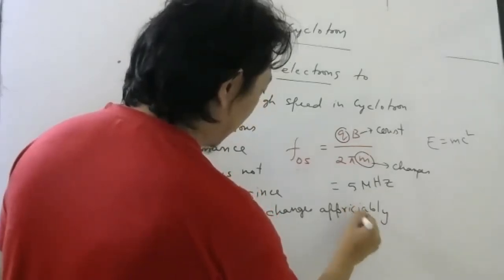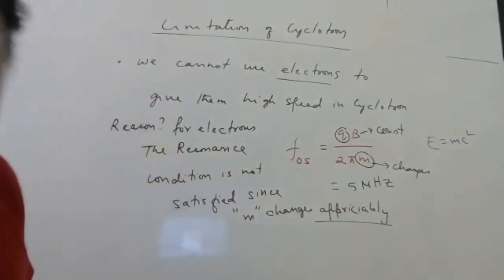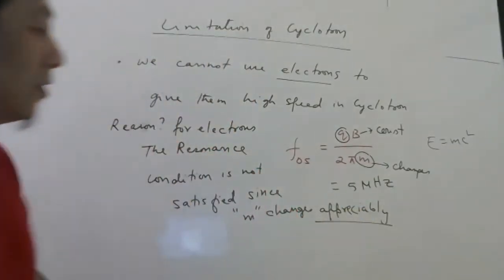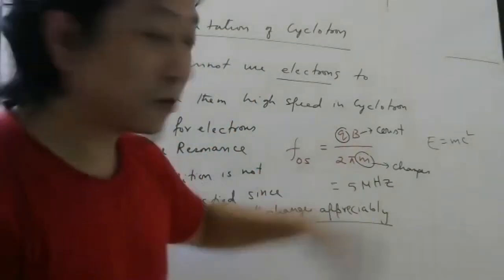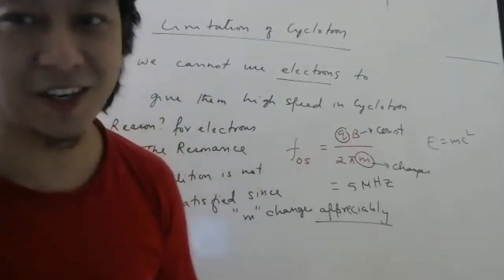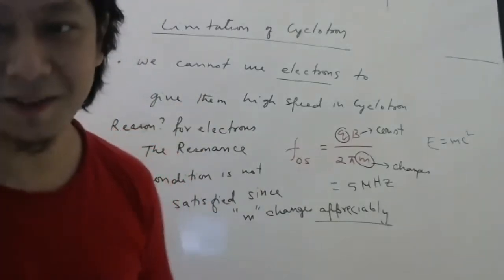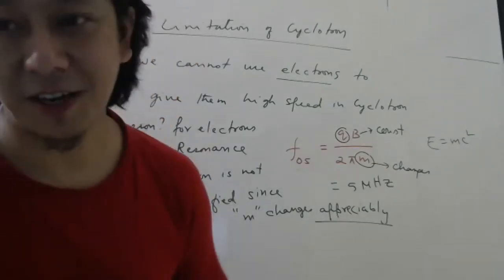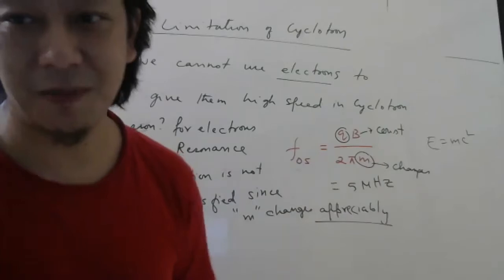I think the spelling is wrong, so you can check the spelling of appreciably. Okay, I think it is E. So since the mass of electron changes appreciably with speed, appreciably means you cannot ignore it now. You cannot ignore the change in mass. Therefore the resonance condition is not satisfied. Therefore cyclotron cannot be used.